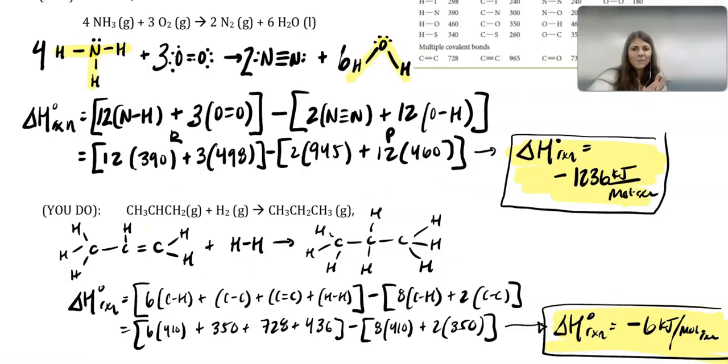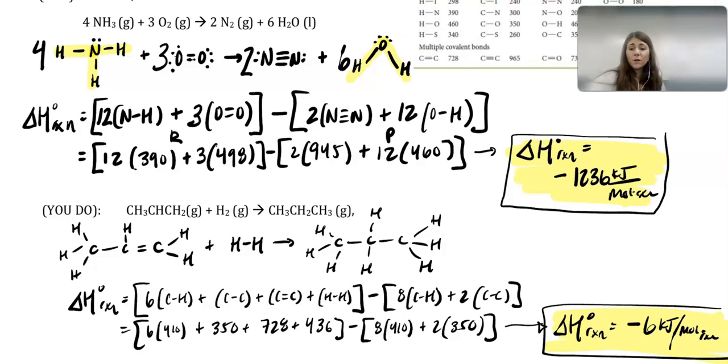Right, so when I first started this problem, I drew out all 3 of those structures. I then first laid out how many bonds I was working with. So I saw 6 CH bonds. I saw 1 carbon-carbon single bond, 1 carbon double bond, and 1 hydrogen single bond. That was for all the reactants. And the products, I had 8 CH bonds and 2 single carbon bonds, okay?